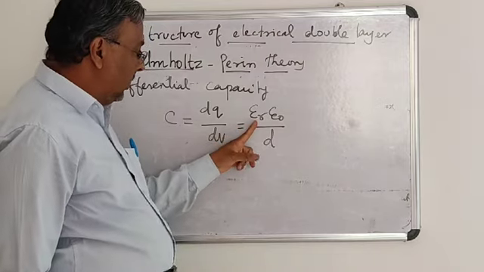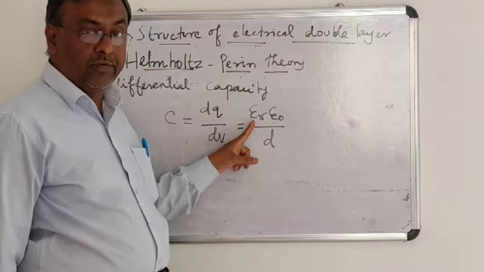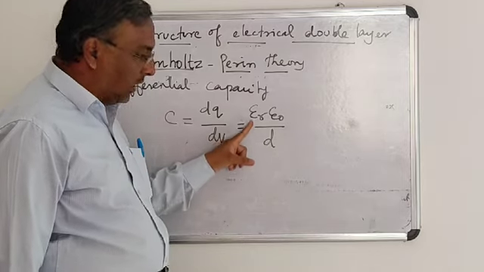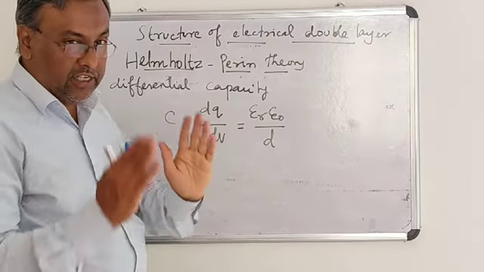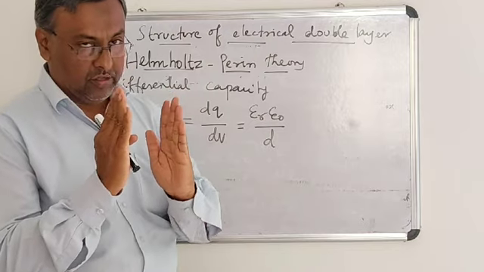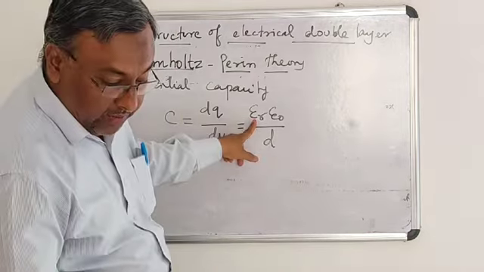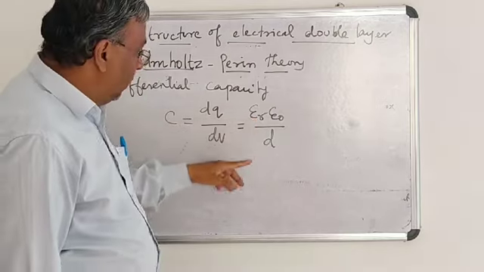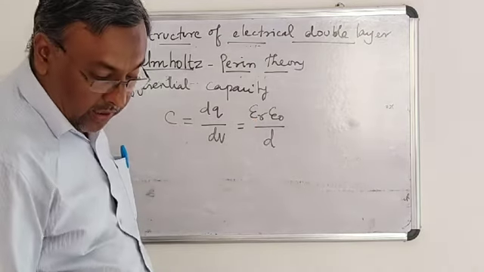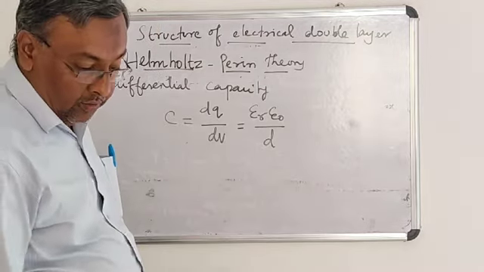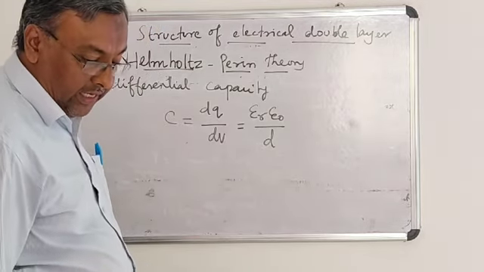Epsilon r, the relative permittivity of the material, and this d, these two are constant. The distance between the two layers is constant, and the relative permittivity of the medium is constant. Therefore, the parallel plate model predicts a constant capacity which does not change with the potential.